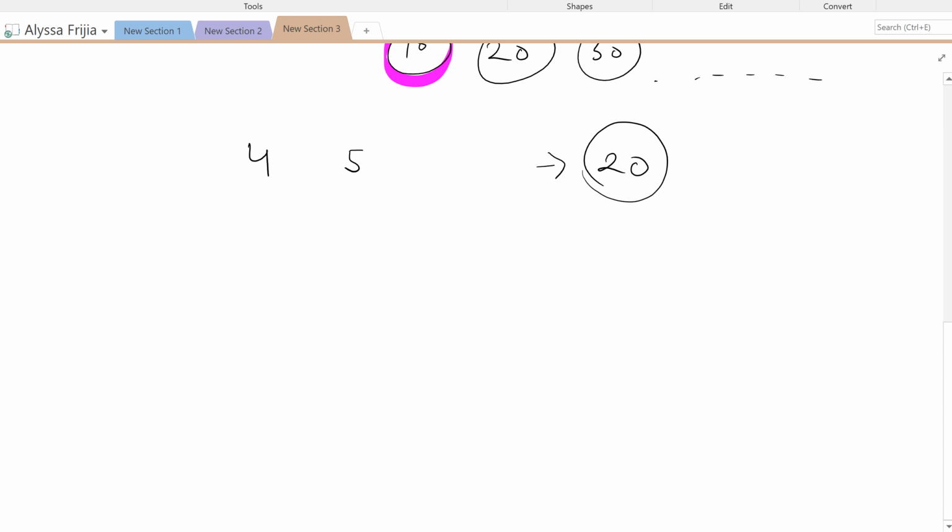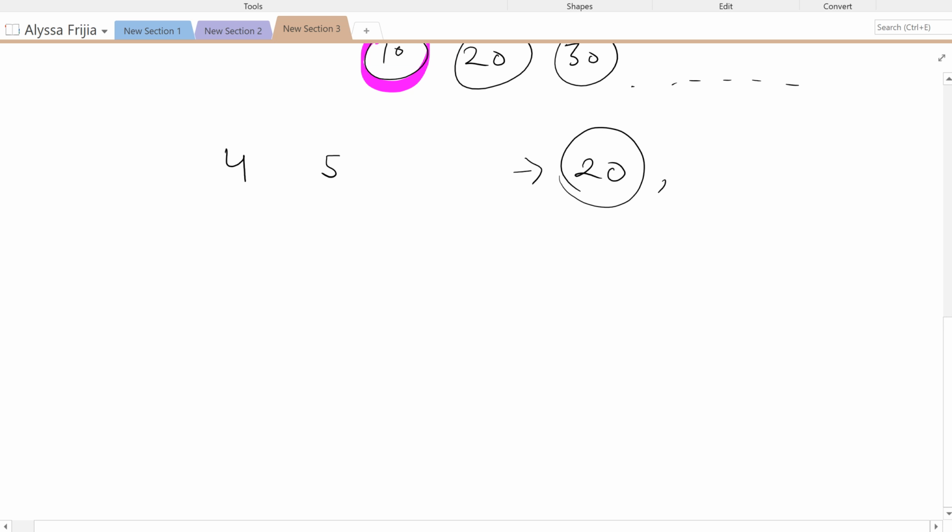But 20 is not the only one. There are many other multiples, like 40. 40 is also divisible by 4 and 5, and 60 as well. 60 is also divisible by 4 and 5, and so many other multiples of 4 and 5.